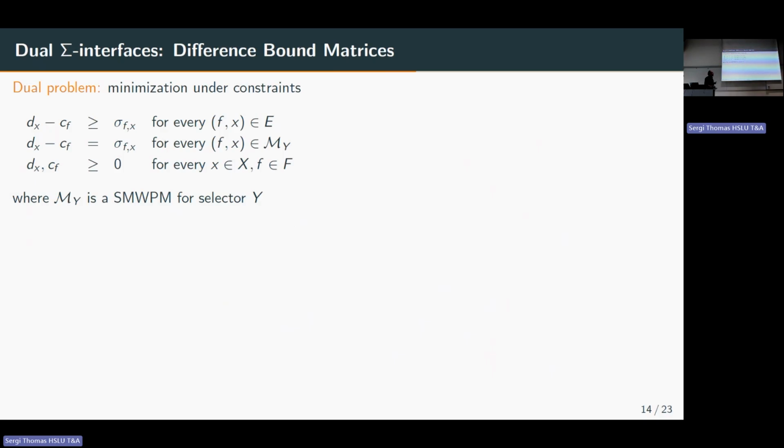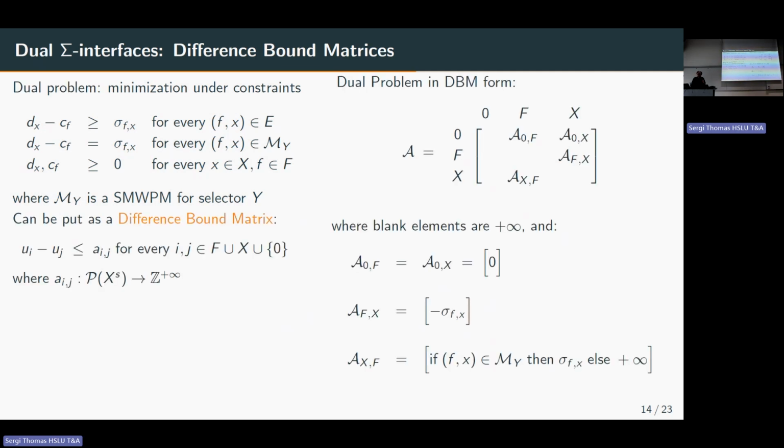For the dual problem, we have to solve these inequalities, with the equality in the middle for every fx that is in the selected maximal weight perfect matching. And it turns out that this system of inequalities can be encoded as what we call a difference bound matrix.